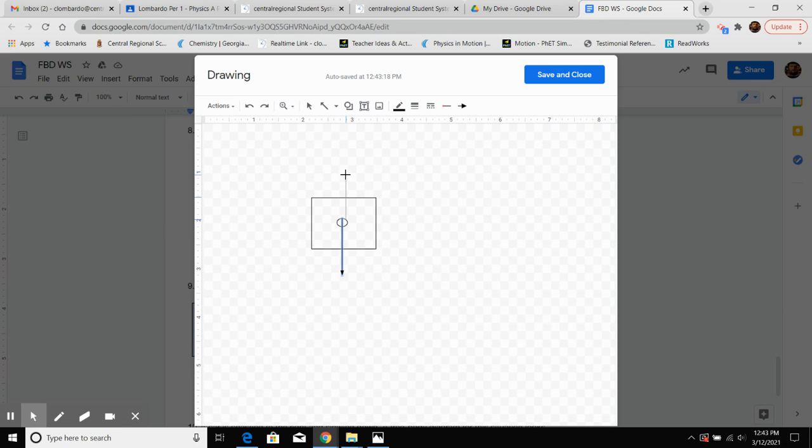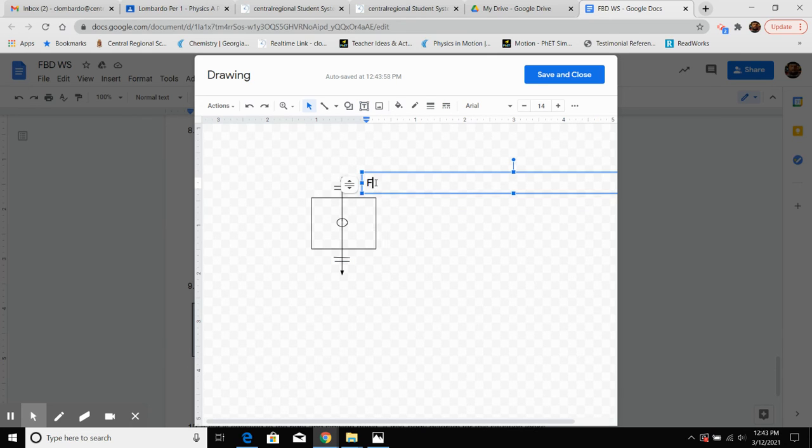So that means those two things have to balance each other out. If they balance each other out, that means the gravitational force and, since you're on a surface, the normal force. Those two things have to be equal.